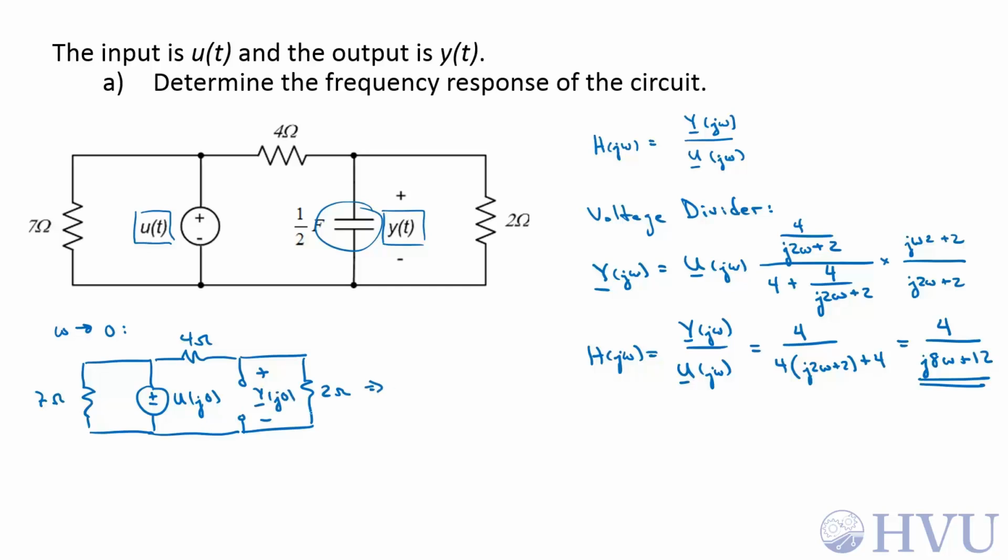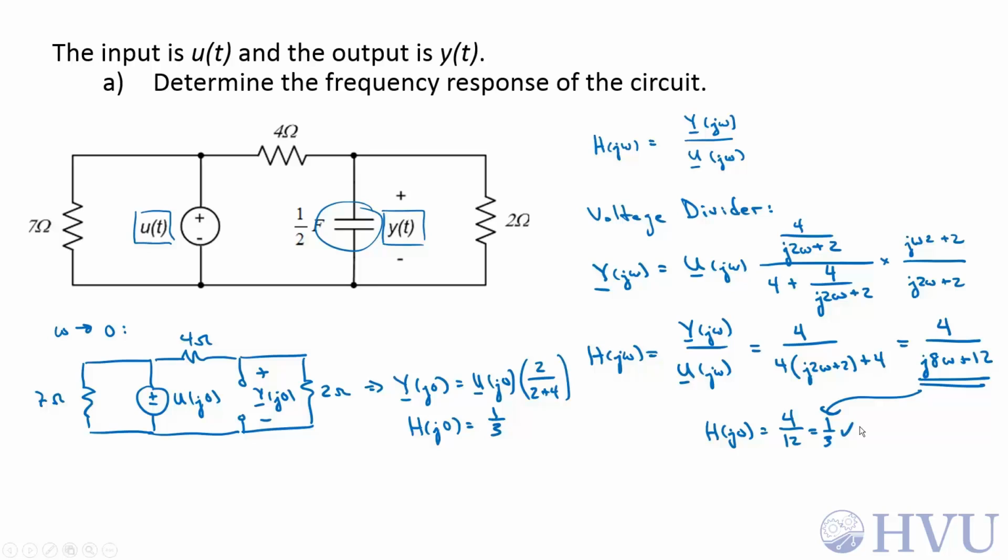So this is a voltage divider now. Y(j0) is equal to U(j0) times 2 ohms over 2 ohms plus 4 ohms. So H(j0) is equal to 1/3. If I plug 0 in here, H(j0) is equal to 4 over 0 plus 12, which is also 1/3. It looks like we're in pretty good shape.